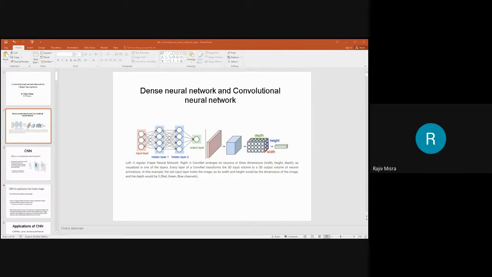LeNet 5 that we will discuss is also one of the examples around this database that is being developed. That is the first model.